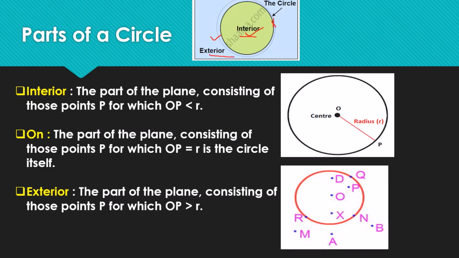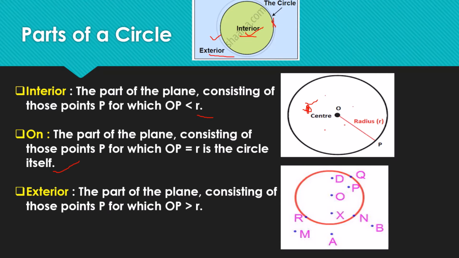The interior is the part of the plane consisting of those points P for which OP is less than R. Any point inside, you will find, is less than the radius. So all the points inside the circle are called the interior of the circle, and on the circle, the boundary, like point P or any point, the distance is equal to the radius.